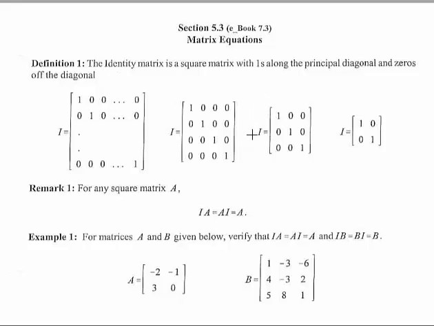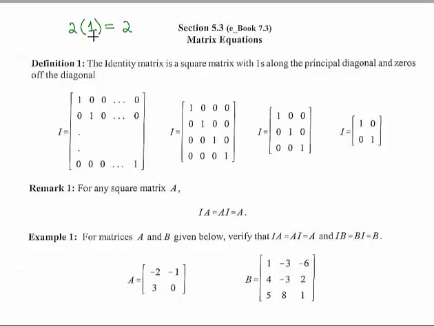If you took intro algebra, you should remember the identity element of particular numbers. For instance, if I were to write 2 times 1, with 1 being the multiplicative identity element, then we would simply get the 2 back. 2 times the identity element gives us 2.